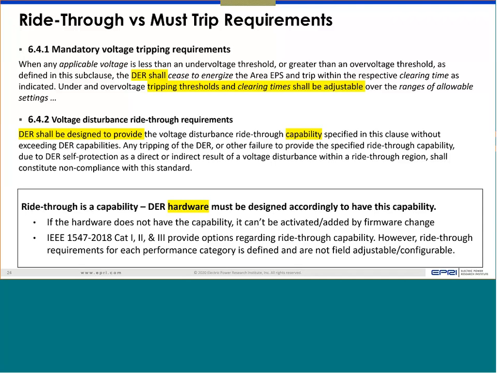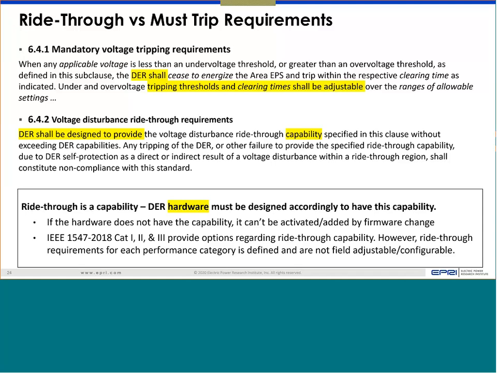If the hardware is not designed to survive that, like the voltage regulator and contactor, through some UPS or other mechanism, then it cannot stay connected. Its contactor will open, its regulator will drop off, and its control electronics will lose power. That's why ride-through is a design requirement. It has to be designed for that level of low voltage for that long a period. If it's not, then you cannot activate it by a software change.